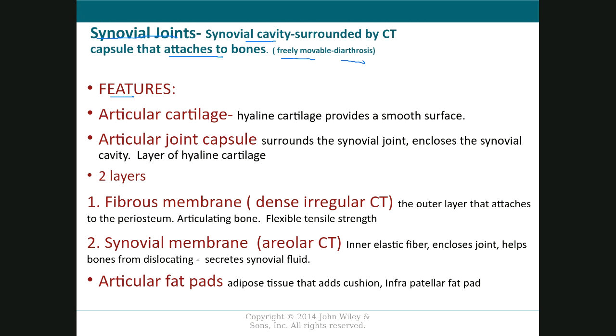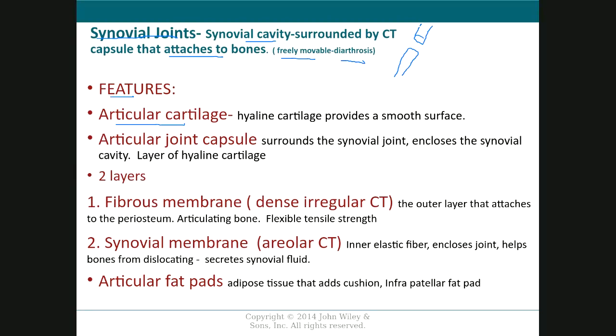They have articular cartilage. Remember, the cartilage at the end of bones, we had a bone here and a bone here, right? At a joint or an articulation. And at the end of the bone, remember, there was a little pad called articular cartilage.